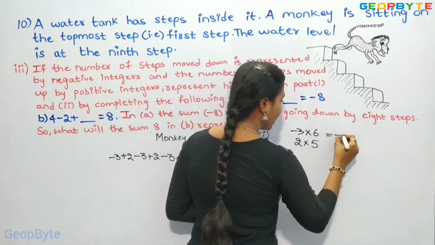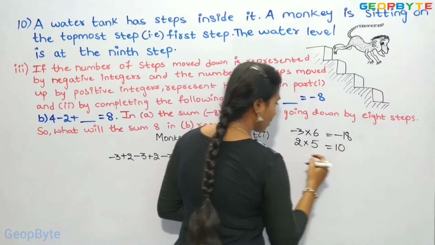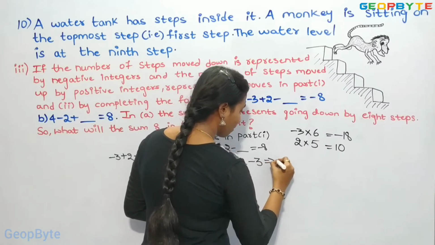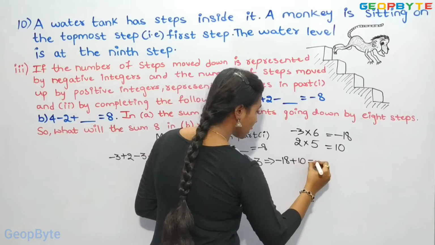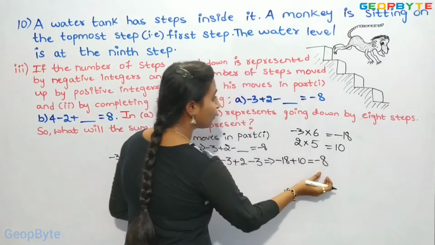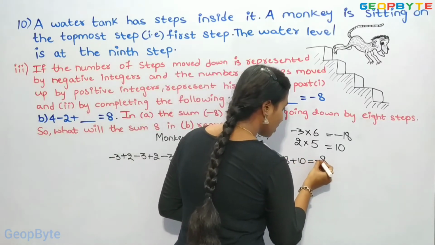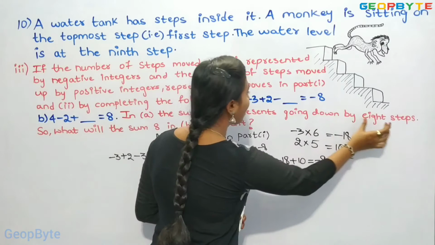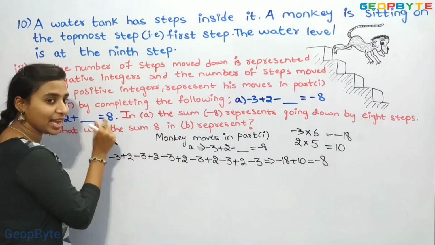That is, we have -18. 2 5's are 10. We got -18 plus 10. That is -8. We got the -8. So, this -8 is represented as going down by 8 steps. Now we will find what is this 8.